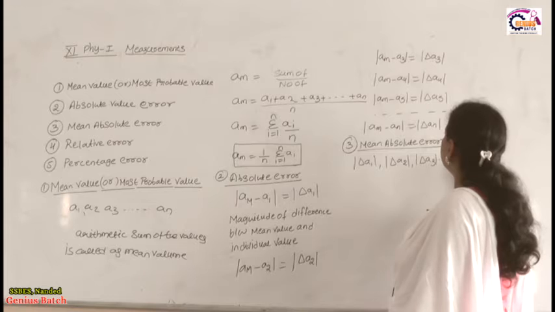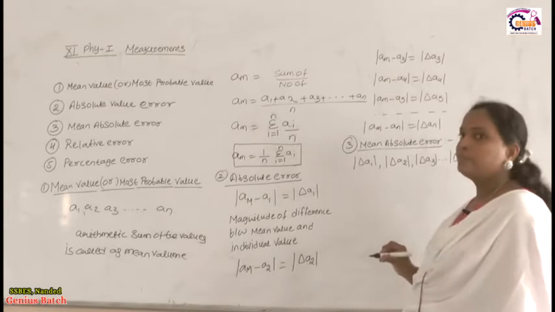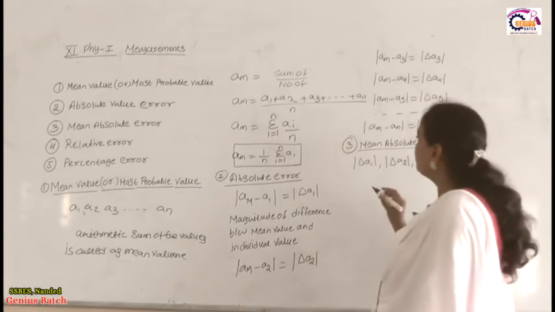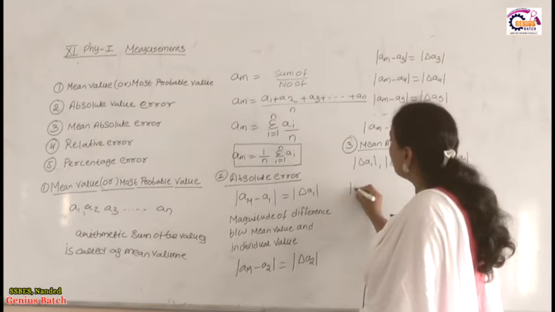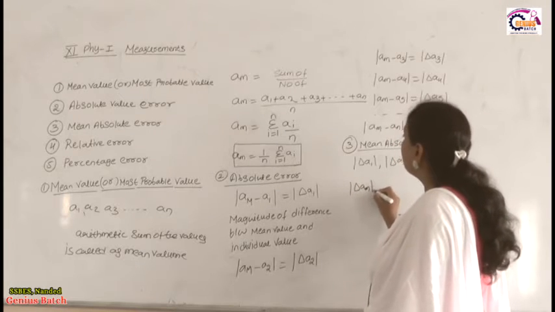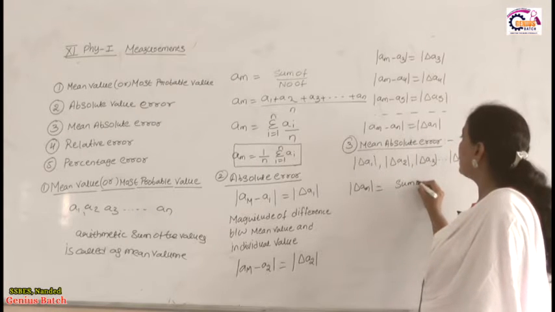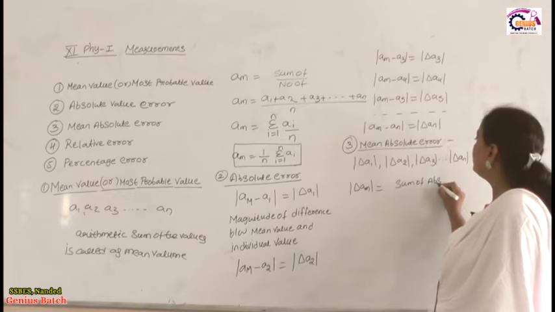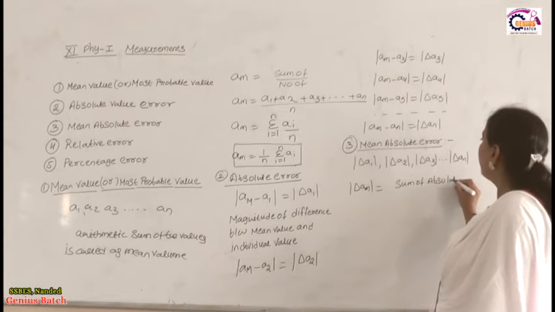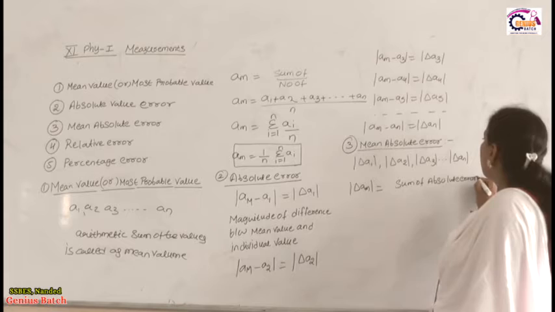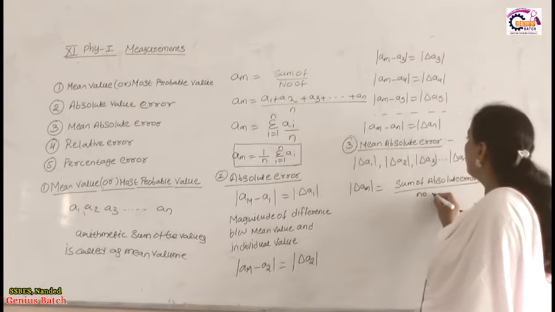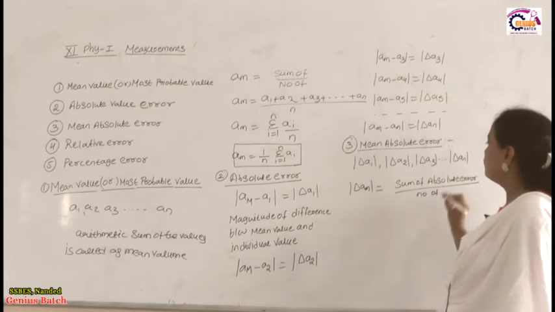The nth absolute error is delta AN. What is the mean absolute error? It is denoted by delta AM, which is the sum of the absolute errors divided by the number of values.